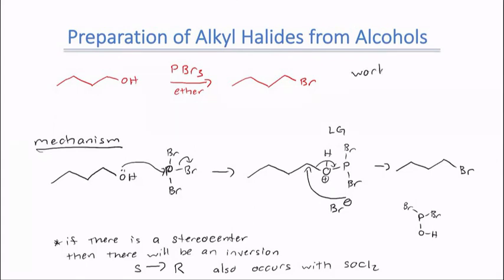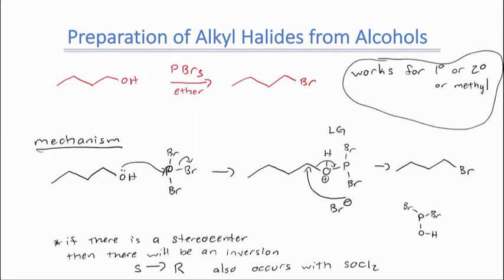So if you have a primary or secondary, or methyl, SOCl2 and PBr3, those are the two you want to use. So these are the two reagents we want to use if we have primary or secondary or methyl. If you have a tertiary, then you want to go with the HCl or HBr route.